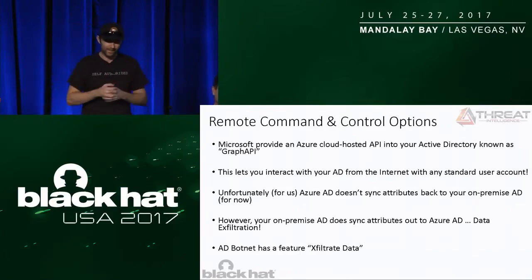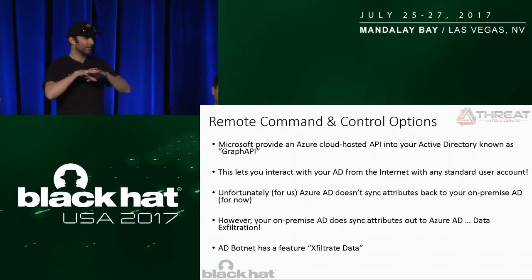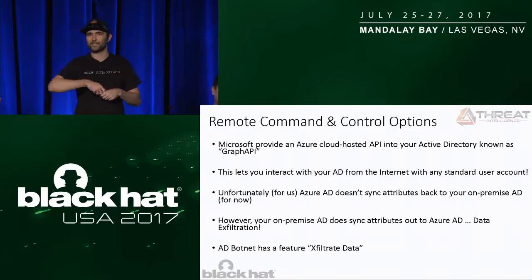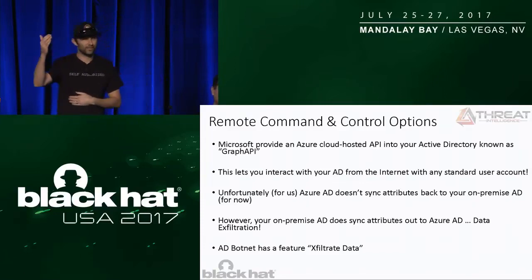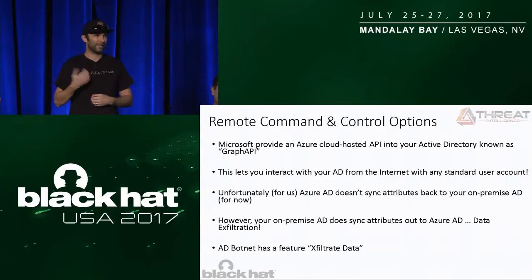So if you get your internal AD botnet, you can have your botnet start grabbing data such as these files, pushing them into particular what we call exfiltration attributes. They get synced up to Azure AD, and then as a standard user account, we can just start extracting those directly from the internet via Graph API.